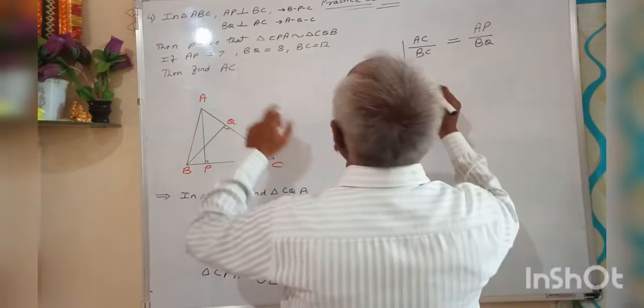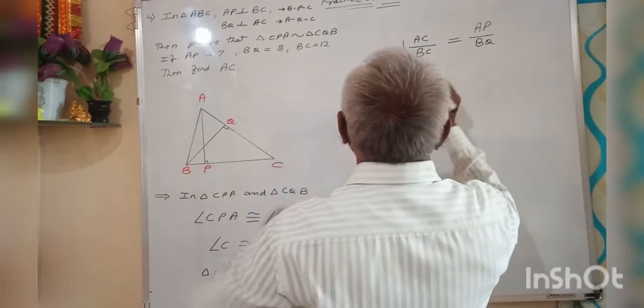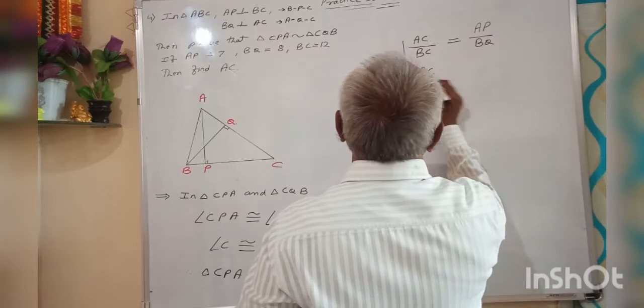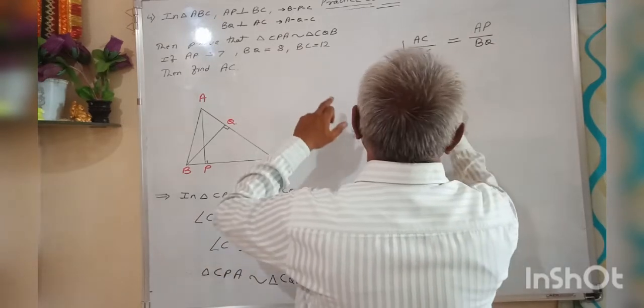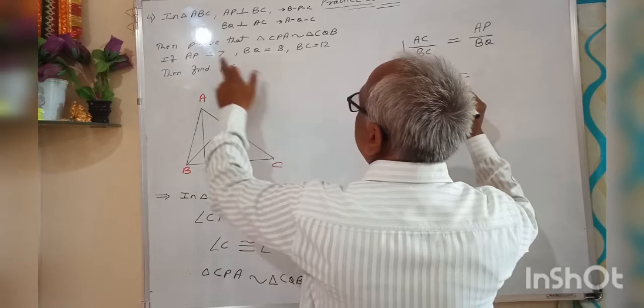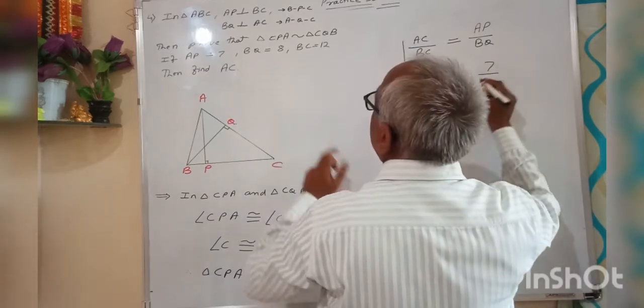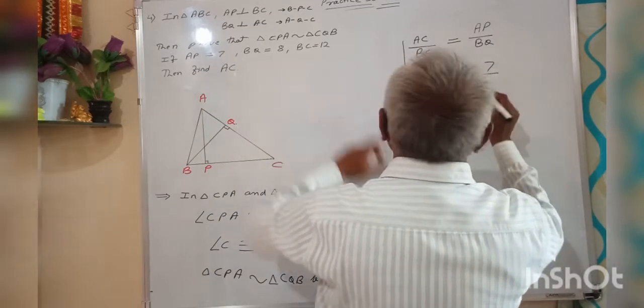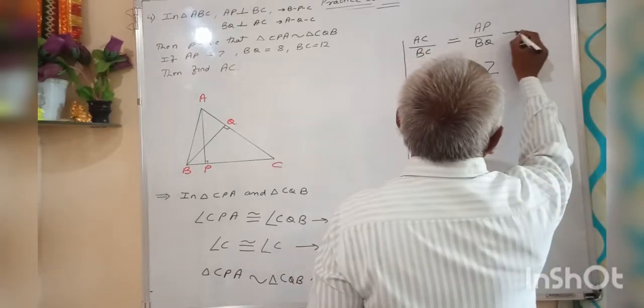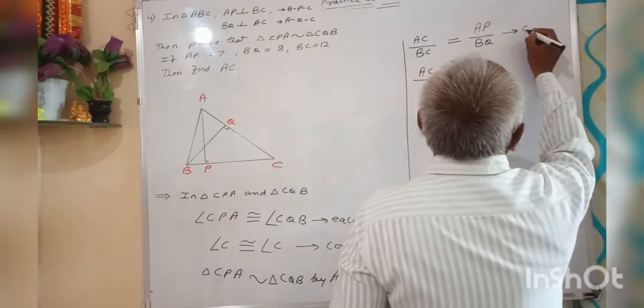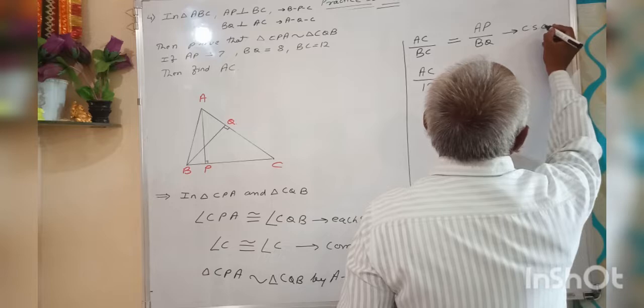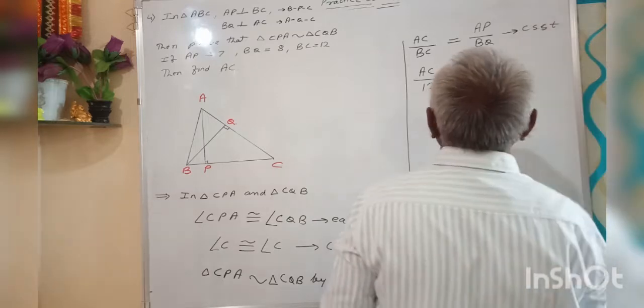Now AC is what we are going to find, BC is 12, AP is 7, and BQ is 8. This we have got from corresponding sides of similar triangles.